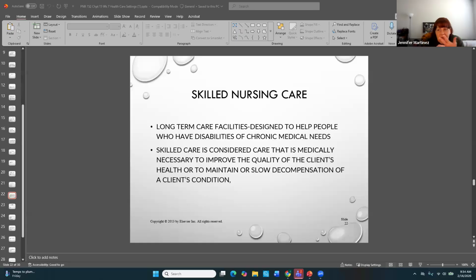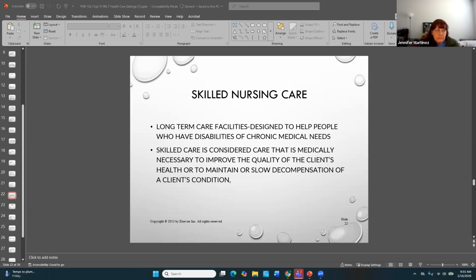injectable medications, IV medications, ostomy care, certain wound care, oxygen, respiratory care would be considered skilled nursing care, sometimes care provided after somebody has had a stroke.